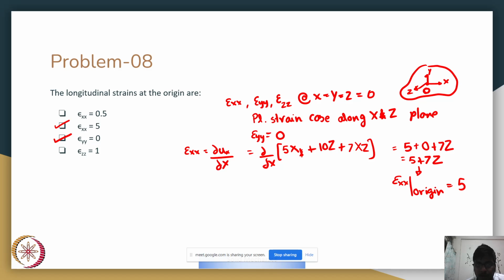Because we are looking at origin, right? Origin of the coordinate system. This is what we are interested in, right? Yes, sir. So we are asked about origin. So origin is nothing but O equal to 0, comma 0, comma 0, right? Yes, sir. Understood.